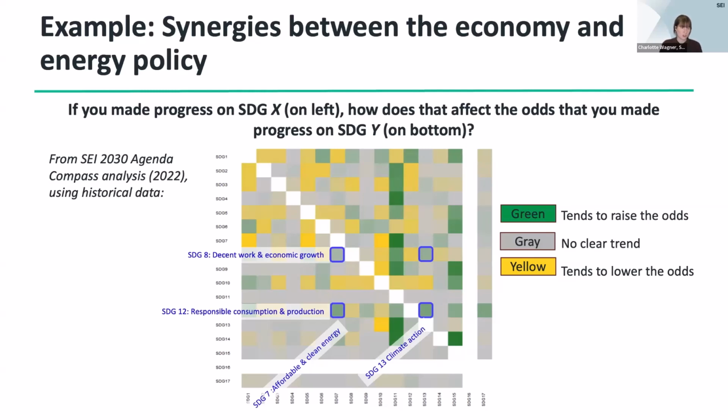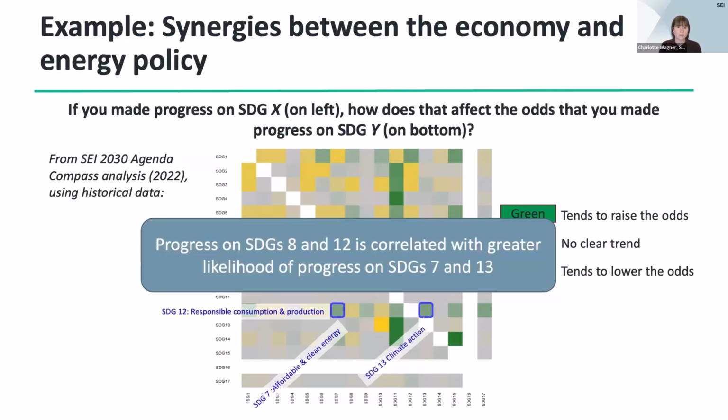And so the question that it was asking is, if you made progress on a certain sustainable development goal, sustainable development goal X on the left axis here, how does that affect the odds that you also made progress on another sustainable development goal? And what this analysis found is that for certain sustainable development goals, there's really a positive correlation. Pursuing one tended to raise the odds of also making progress in the other. Whereas for other sustainable development goals, there was a likelihood to lower the odds.